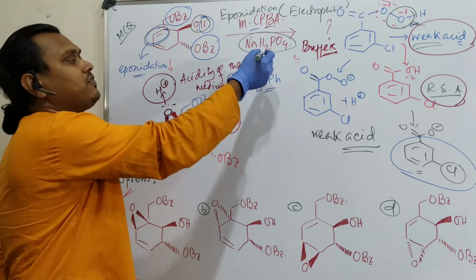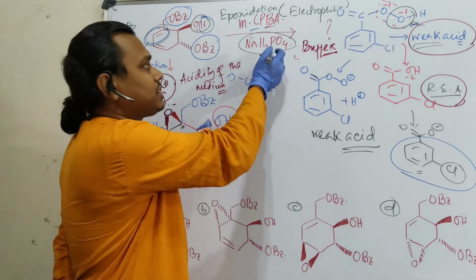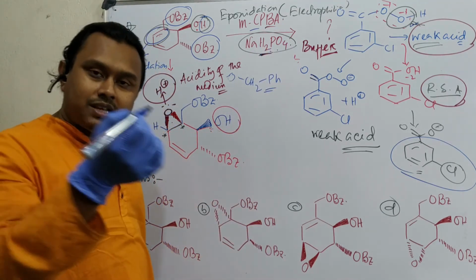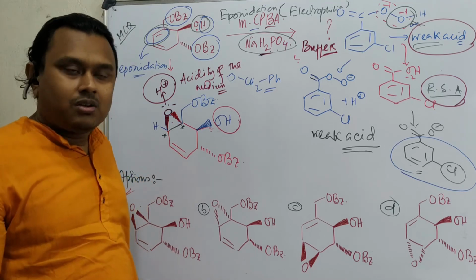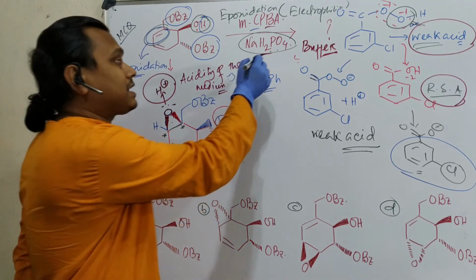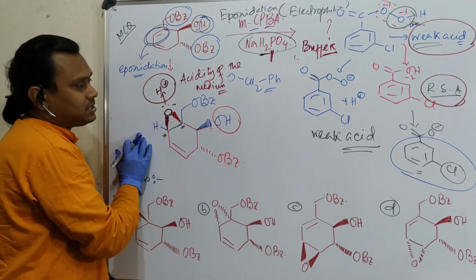So a multiple choice question could be asked: in this reaction what is the role of this Na2HPO4? Is it a salt, an acid, a base, or none of these? You can consider that in this way it acts as a base. Okay, so that is the role, that's why this is used.